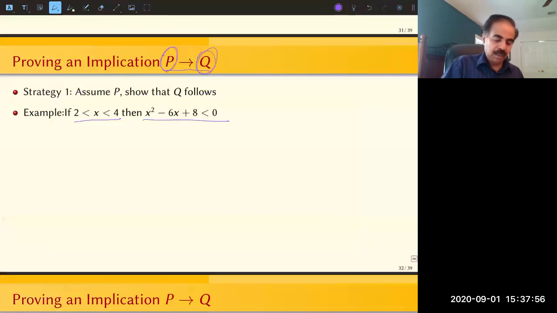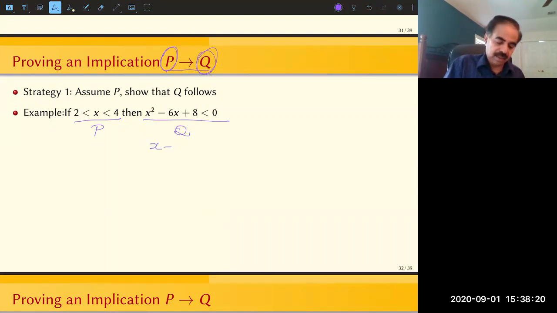So this is P, this is Q. Let's express Q in a factorized form. Can someone tell me how to factorize it? x minus 2 times x minus 4.